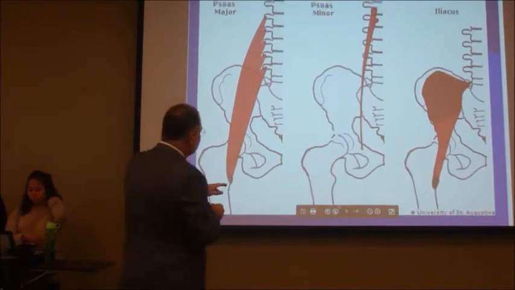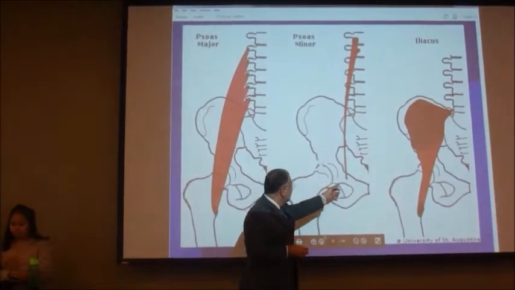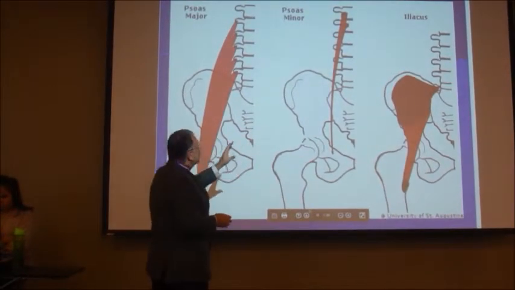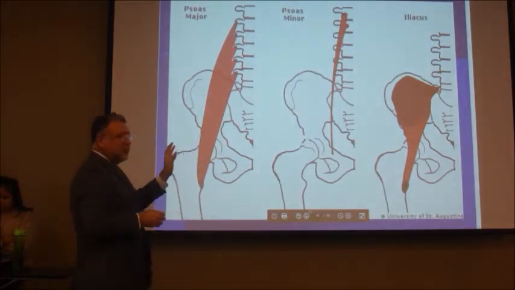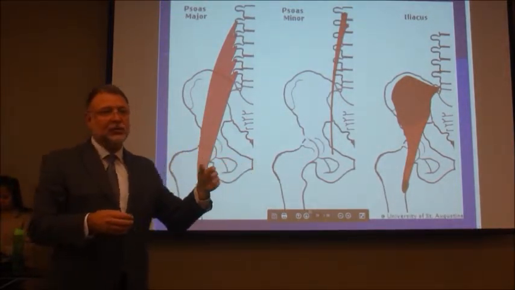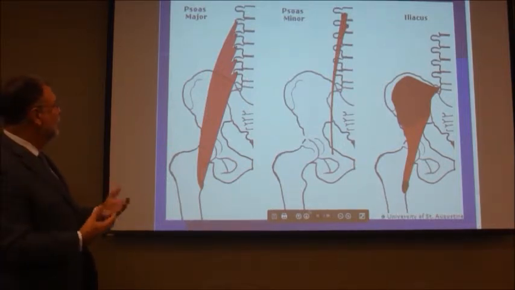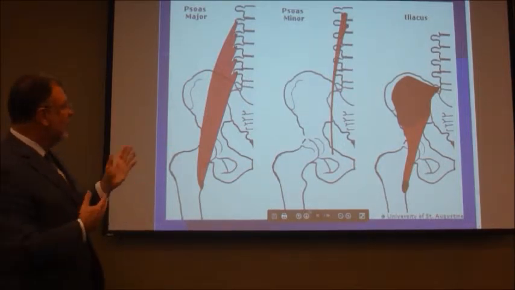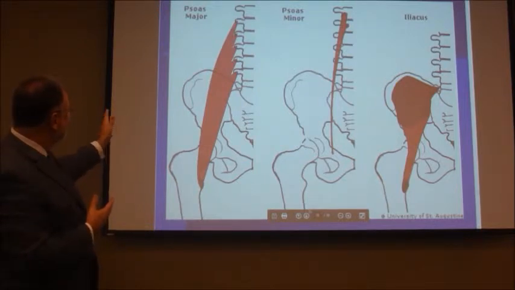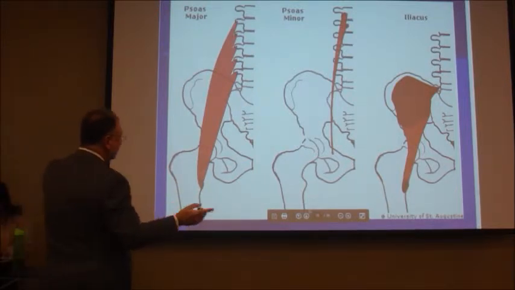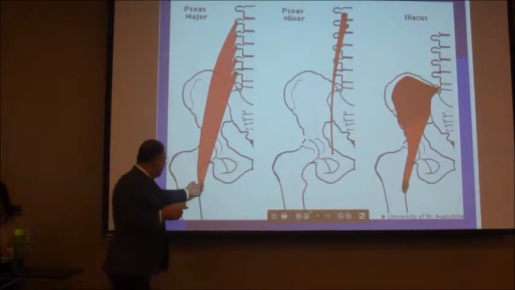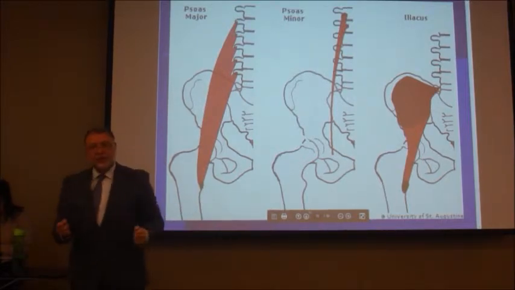It inserts at the anterior aspect of the pubis. But any time that it's a stabilizer for the spine, for the lumbar spine, any contracture can increase lordosis. So it's important to always understand the insertion of these muscles and how they act. And the psoas major and the iliacus muscle will insert at the lesser trochanter.